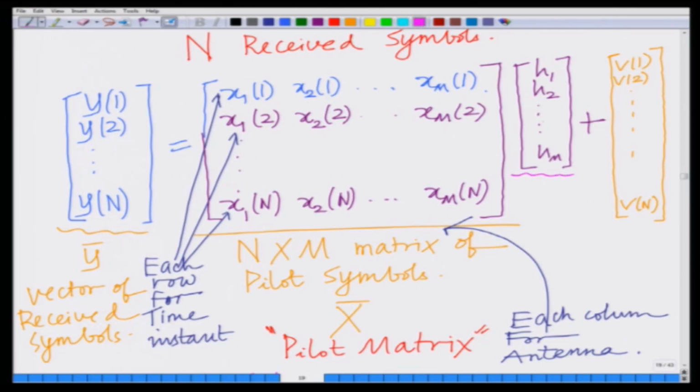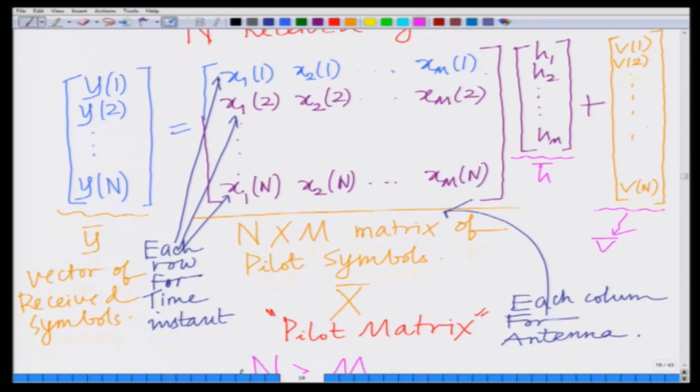This is h1, h2, hm, which is the channel coefficient vector, the channel vector h bar. This is the noise vector v bar, which contains the N noise coefficients v1, v2, vn, corresponding to the N received samples y1, y2, yn.